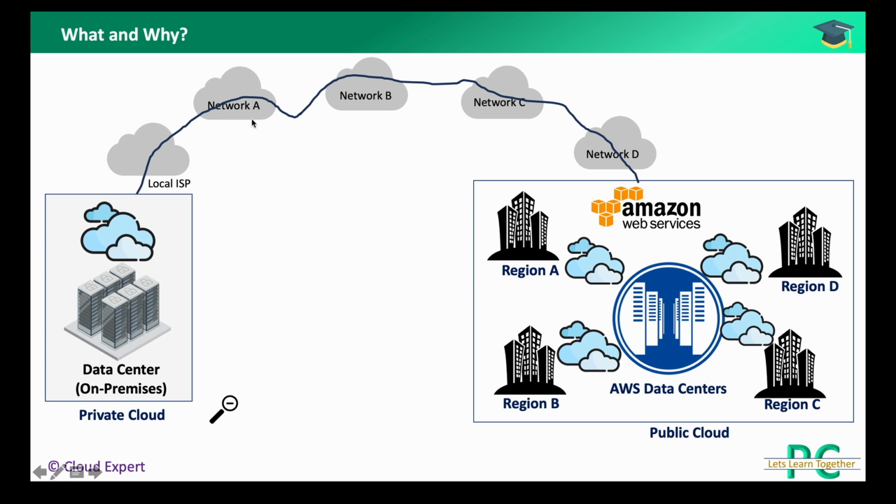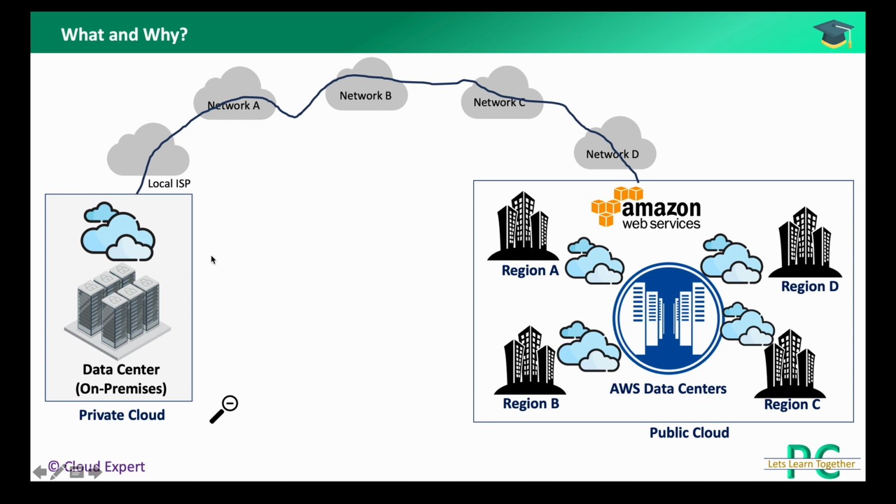As you know, more network hops add more delays. So from this diagram, you can understand that your network traffic is fully dependent on the external internet. That means you will not get consistent performance or consistent bandwidth if you use a VPN connection.